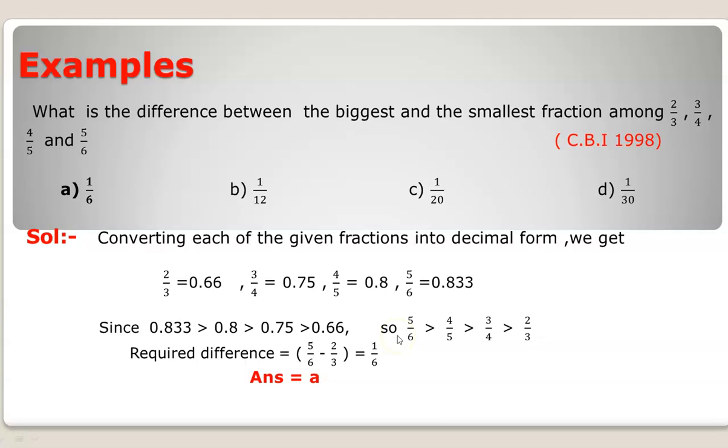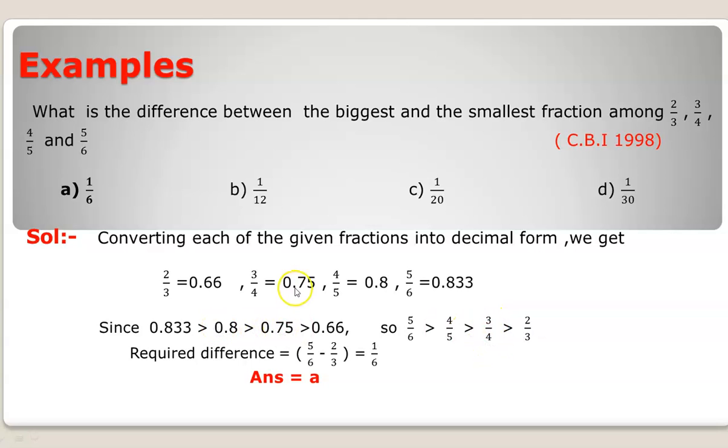So the conclusion is that 0.833 is the decimal form of 5 by 6. That's why 5 by 6 is greater than 4 upon 5. So 0.8 is the decimal form of 4 upon 5. That's why 4 upon 5 is greater than 3 upon 4.